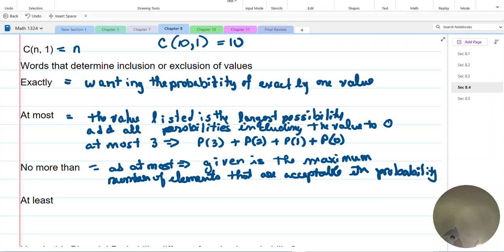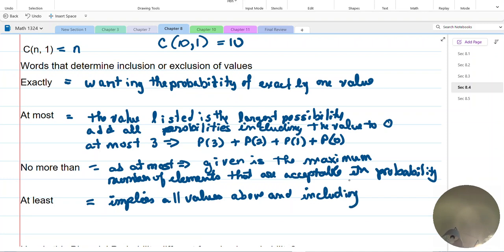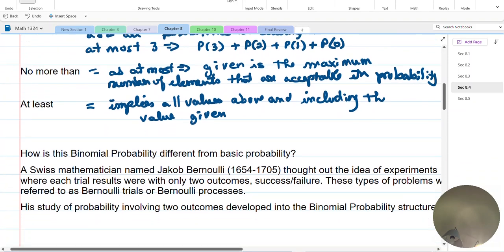All right, so we're getting it. And then at least. At least implies all values above the value given, inclusive. And this one I will go into in detail when we get to the exercises.